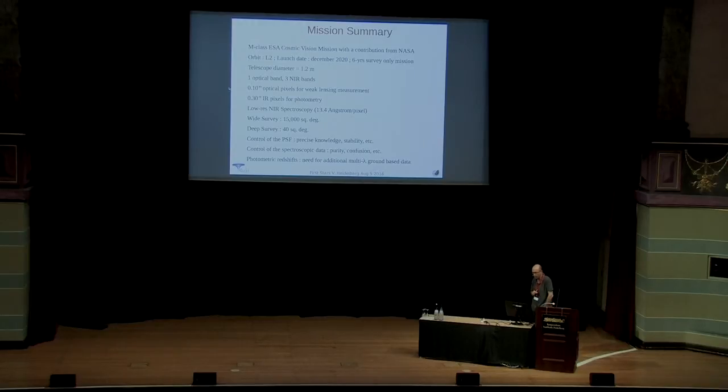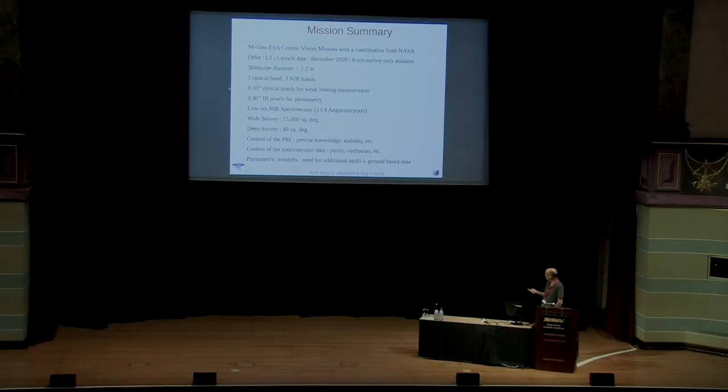So the PSF has to be known very precisely and it has to be stable. And that certainly puts some strong requirements on the mission. There is this requirement on extreme stability. You don't want the PSF to vary with time without being able to control it.